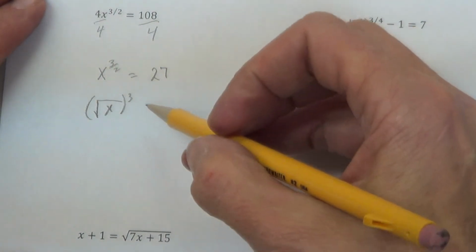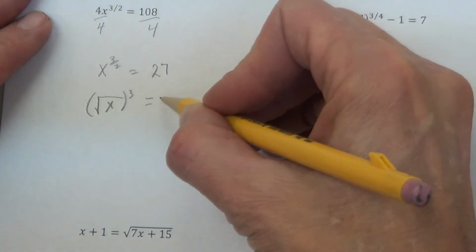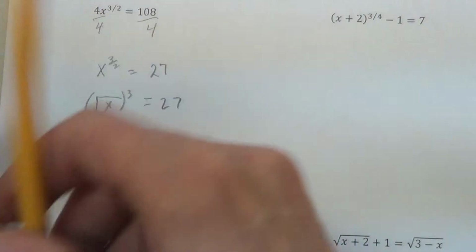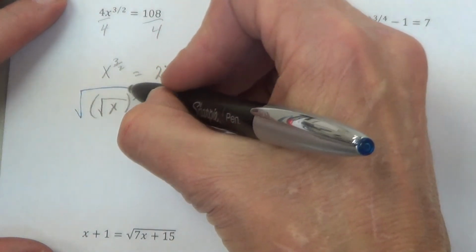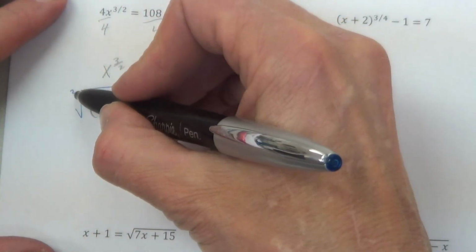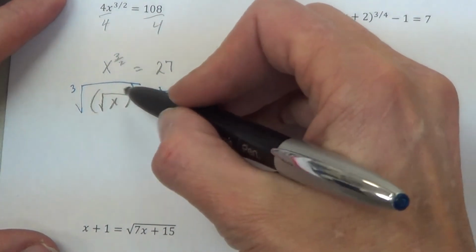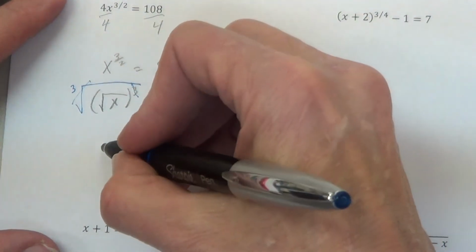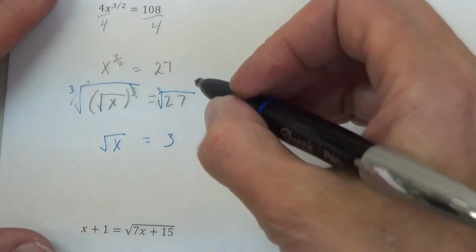Okay? In order to get rid of that raised to the 3rd power, we would take the cube root of that. Take the cube root, and that would cancel the raised to the 3rd power, and we'd have the square root of x equals 3.